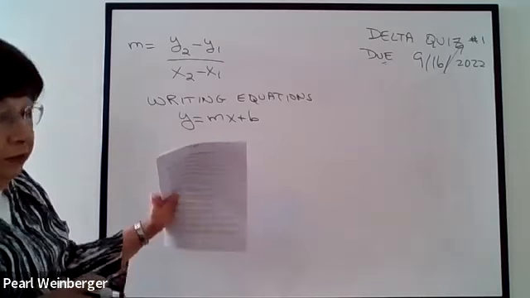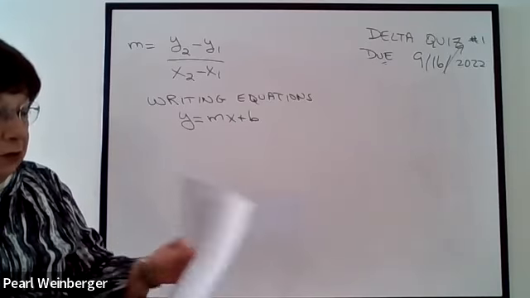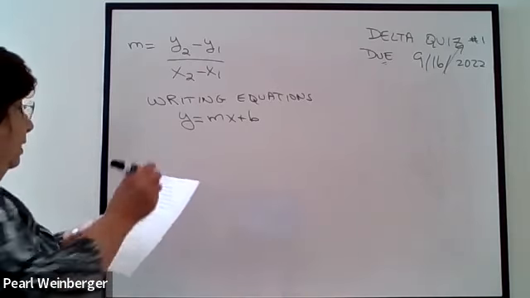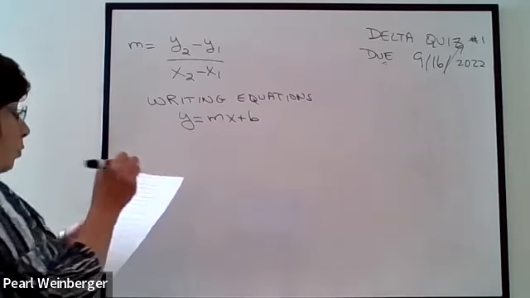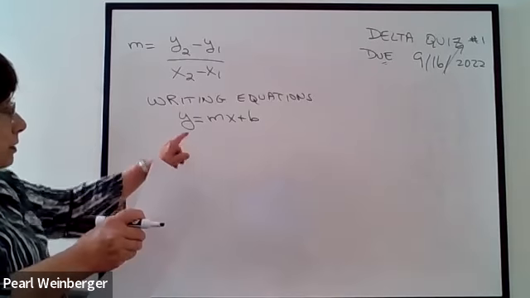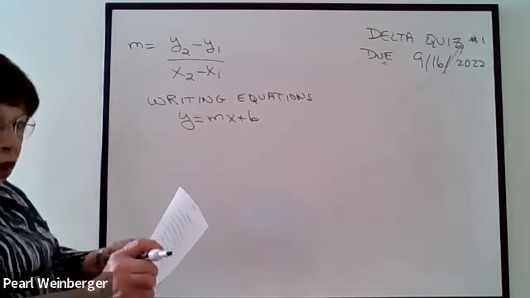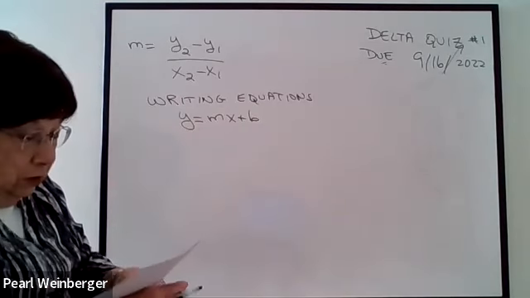I'm doing example 8 on practice sheet 2. It reads like this. Write a slope-intercept equation for the line. That means the y equals mx plus b they want you to write. That's what slope-intercept means.